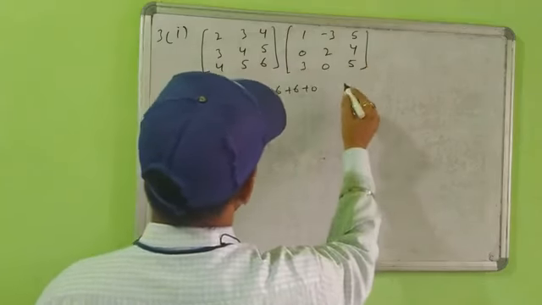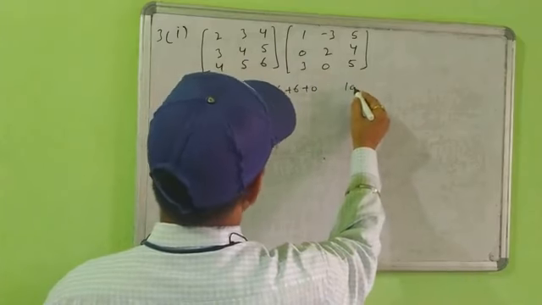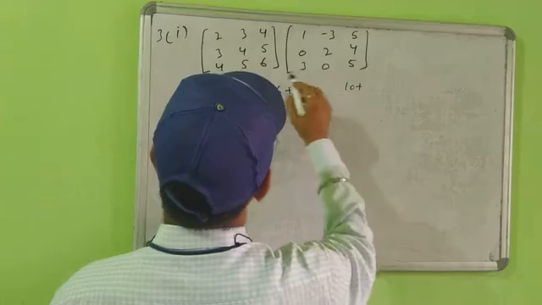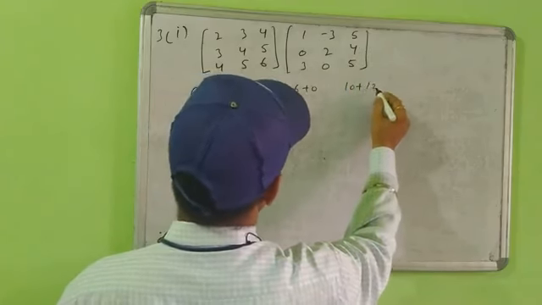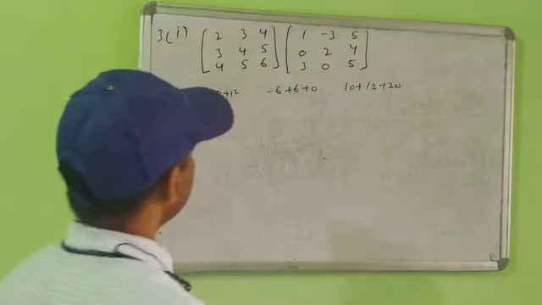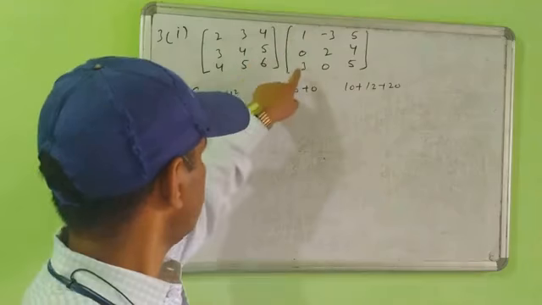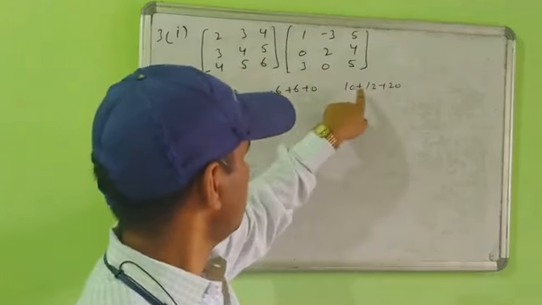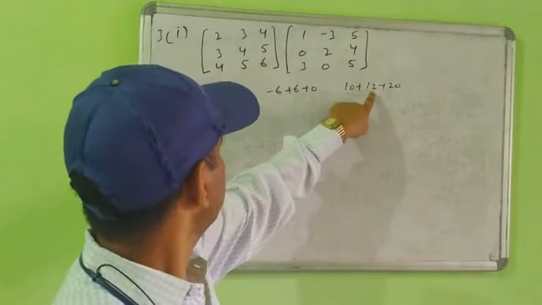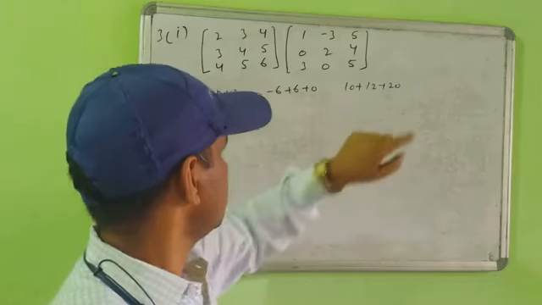First row, third column: 5 2 is 10, 3 4 is 12 and plus 4 5 is 20.